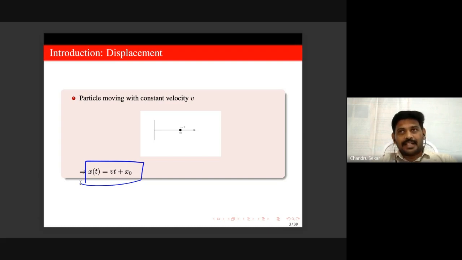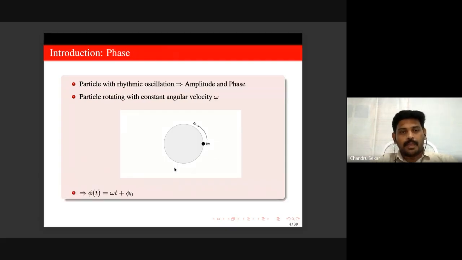Suppose we consider a particle that executes a rhythmic oscillation. If the particle executes a rhythmic oscillation, we want to model this dynamics.